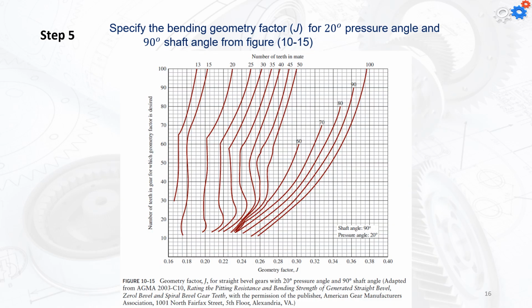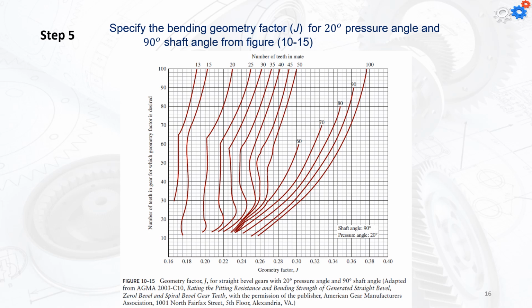Step 5 is to specify the bending geometry factor J for a 20-degree pressure angle and 90-degree shaft angle from Figure 10-15. What you can see in this graph is that first we need to find the geometry factor. We can find that in the x-axis. For this diagram, Figure 10-15, you can see that the shaft angle is 90 degrees and the pressure angle is 20 degrees.